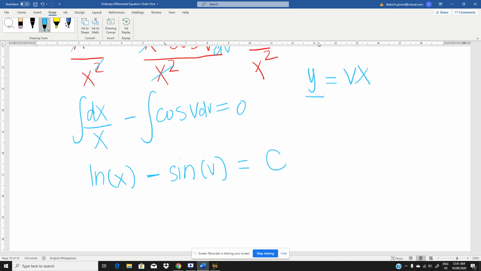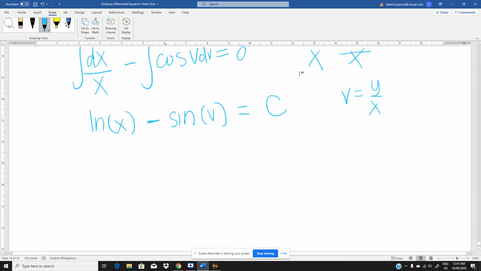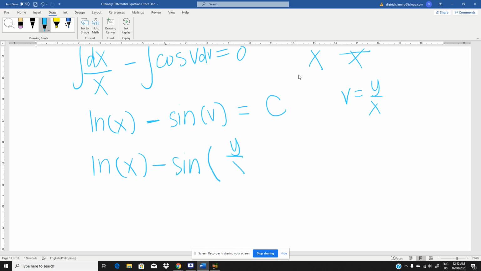So solving for v, x will cancel out, so we will have v is equal to y over x. Substituting this into our equation, we will have ln of x minus sine quantity of y over x is equal to c. That's the answer.